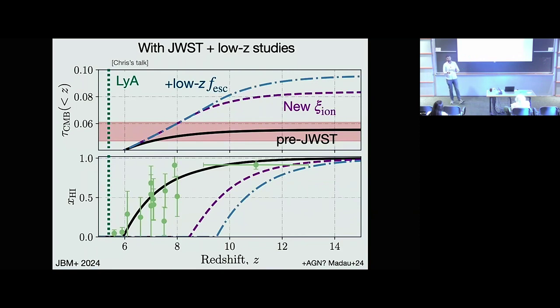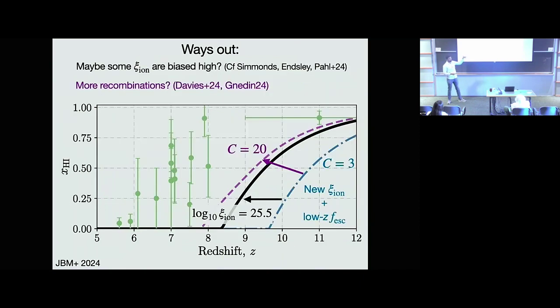So the first thing you may assume is maybe there's some subtle thing, something like these ionizing efficiencies I was telling you about. There's disagreement between groups. For example, the Simmons group put some particular cut on which galaxies they selected. Ensley didn't, but it was photometry. Paul was spectroscopy, but has a selection function because it's spectroscopy.